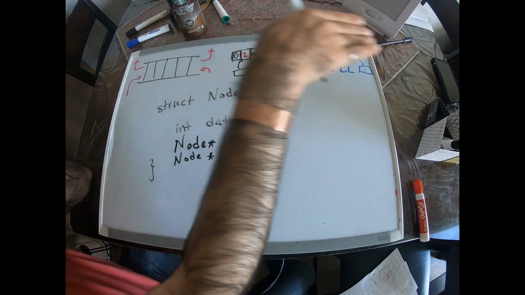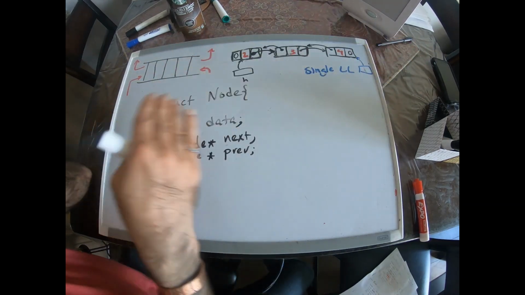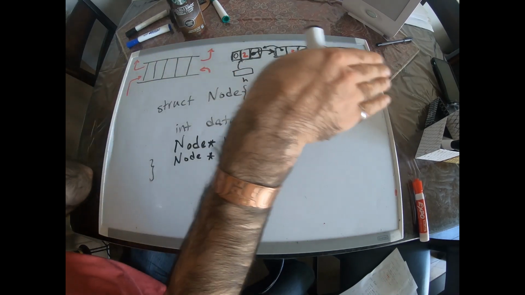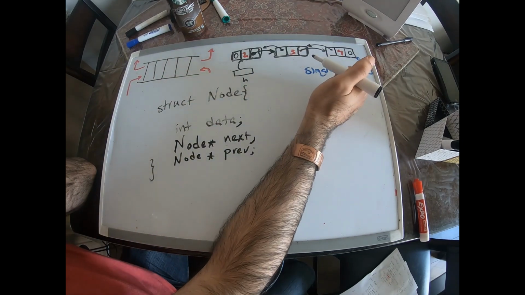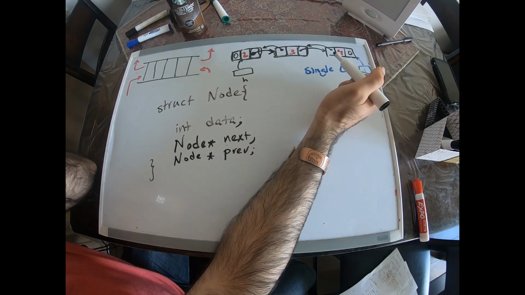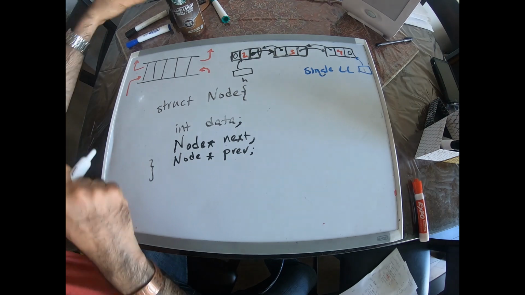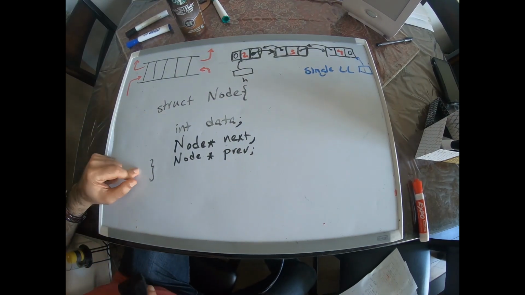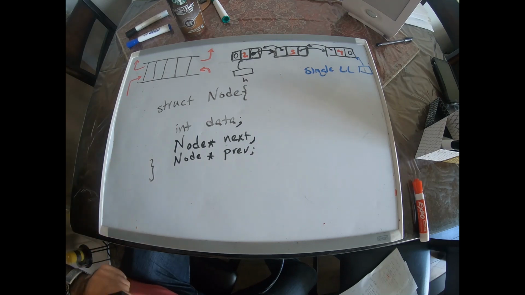So this way you can traverse in both directions, like a double-sided street. You can go from both ends towards the other end. Okay, so this is the concept of a doubly linked list. First of all, you should be familiar with this one. This is what we're going to use to implement a deque using a linked list. We can't do it with a single linked list. We're going to do it with a doubly linked list.